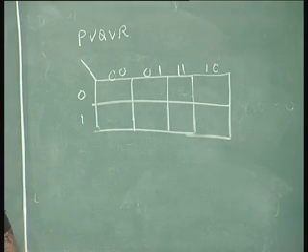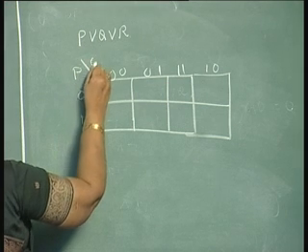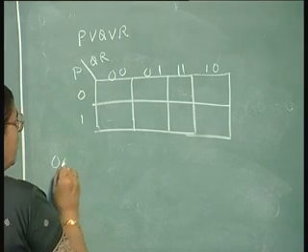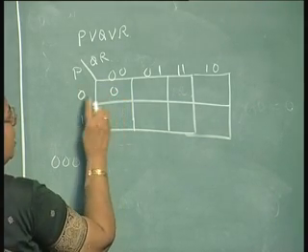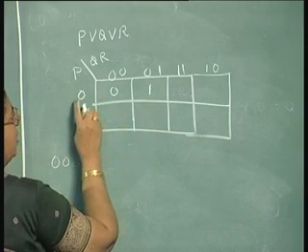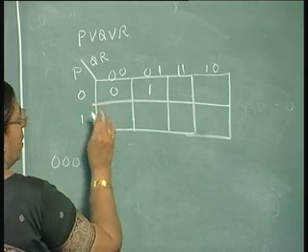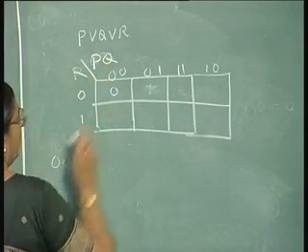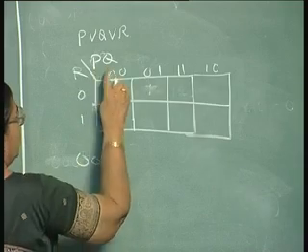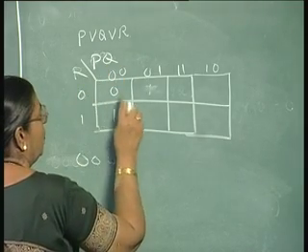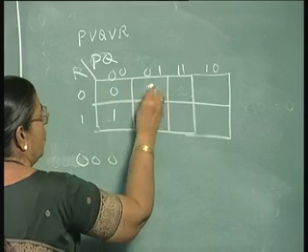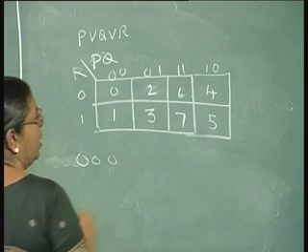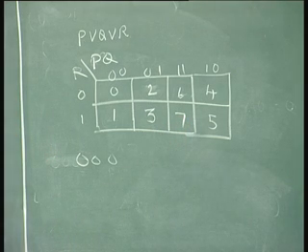Suppose I have three variables P, Q and R. This is P, this is say Q and R. Then 0 0 0 is this, 0 0 1 is this. So, 0 0 will be this, 0 0 1 will be like this, 0 1 0, 3, 4, 5, 6, 7 cells can be represented like this.